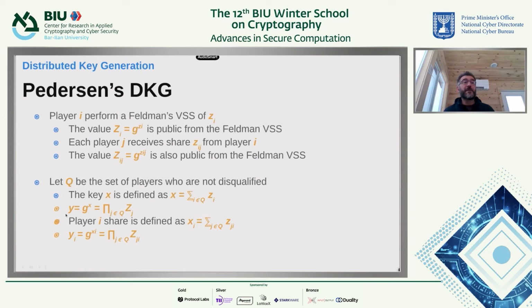And this automatically gives me g to the X, because it's the product of the g to the z_i. And if each player takes his own share of X as the sum of the shares he received, then the public commitment to his share is also public, as the product of the local public commitments of each VSS. Okay? Any questions?